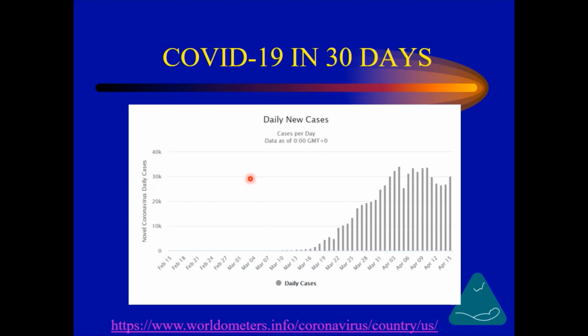And then look at the peak. The peak here shows values greater than 30,000 a day. So in essence, at its peak, COVID-19 has more cases in one day than the flu did in 7 days. That looks like 7 times more infectious to me.